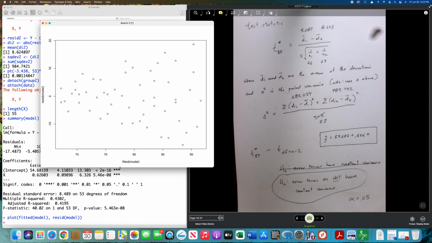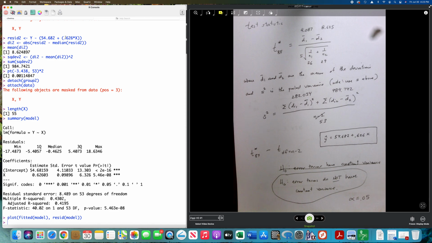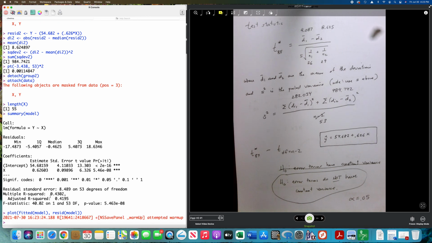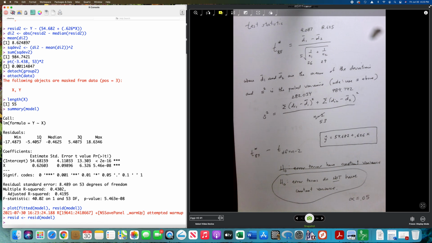I will encourage you to, well, I'll just show you. You can tune out if you want, but I do want to show you how if I create the residuals from the model, and then I create, let's just call it group 1A for the second time, and I do a subset of my data with X less than, what was it, 29 or 30?